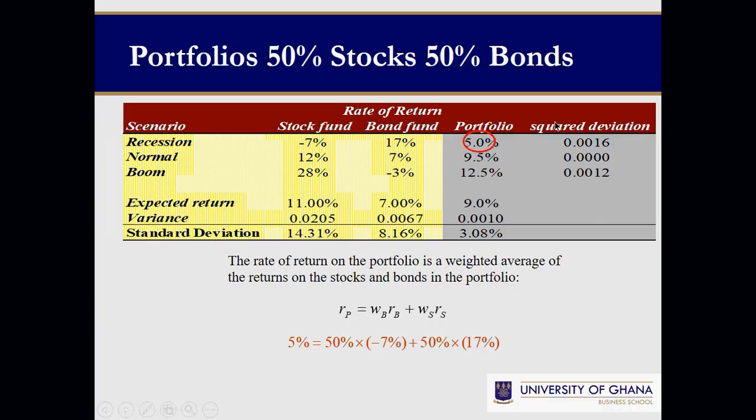We did the same thing for the second one. We had 9.5, which is 50% times 12% plus 50% times 7%. The same thing for the third one. Remember, to get the expected return, it is the portion that we are investing times the rate of return.